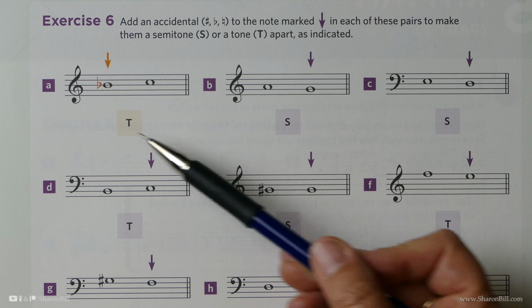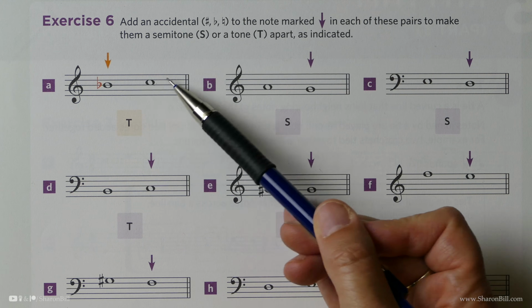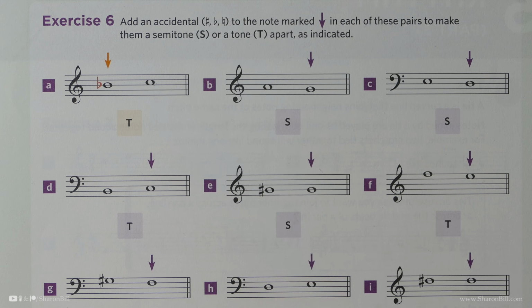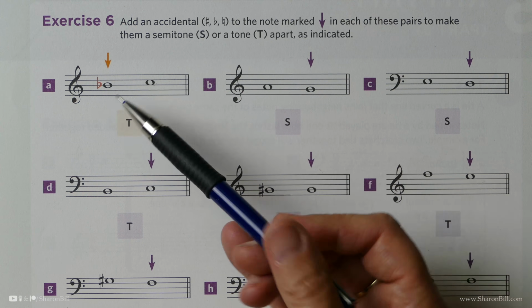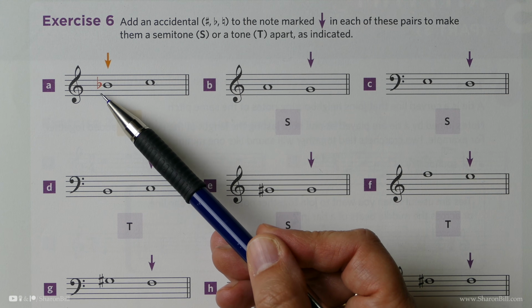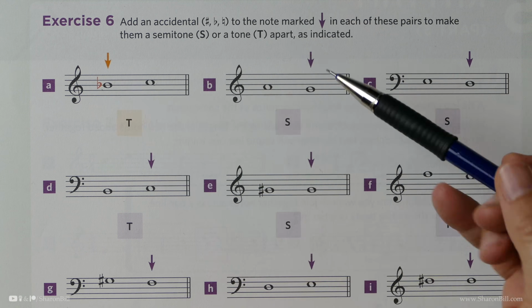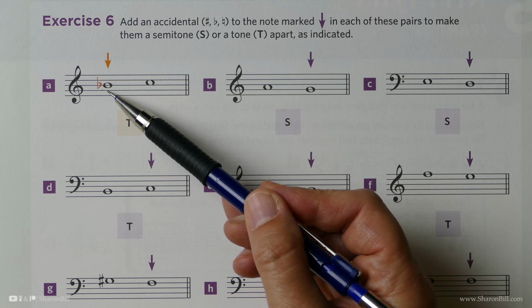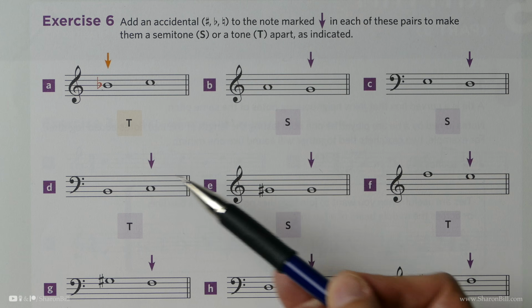So we need to create a tone or create a semitone by adding any appropriate accidental. And so here we're asked to create a tone from this. And so this is the one that we'd have to change. They've put an arrow over which one we need to change to create the required step or half step.